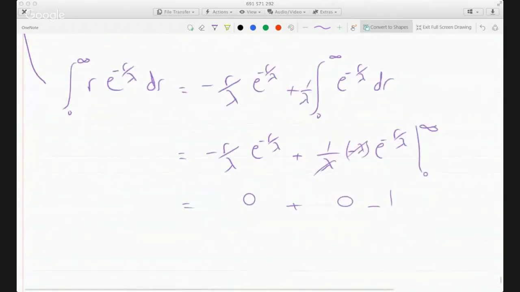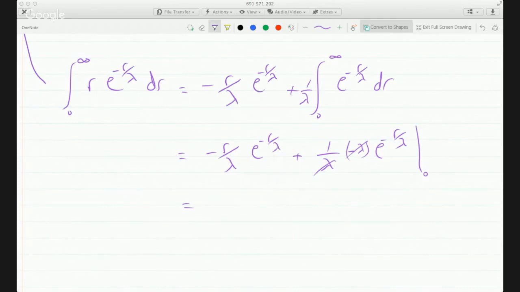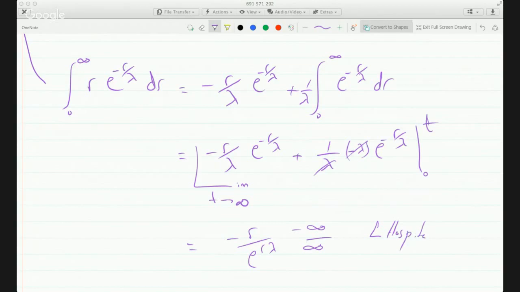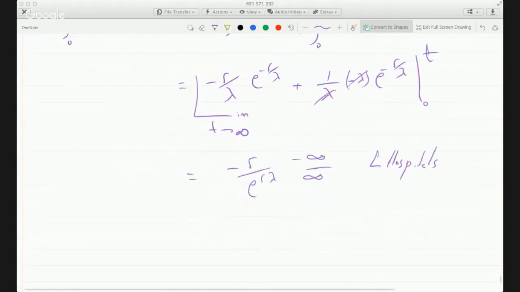Okay, let's do this slowly. So this is 0 to t, and we will take the limit as t goes to infinity. There's L'Hopital's on the first one, because we get minus r over e to the r over lambda. So here we get infinity over infinity, which we have to use L'Hopital's for. The second one, we know it goes to 0.